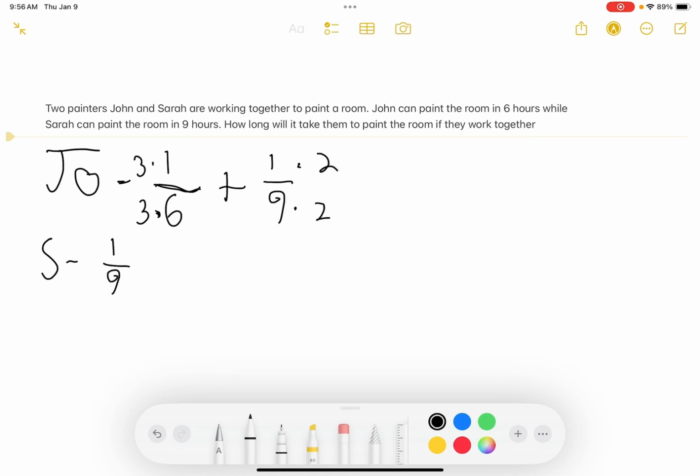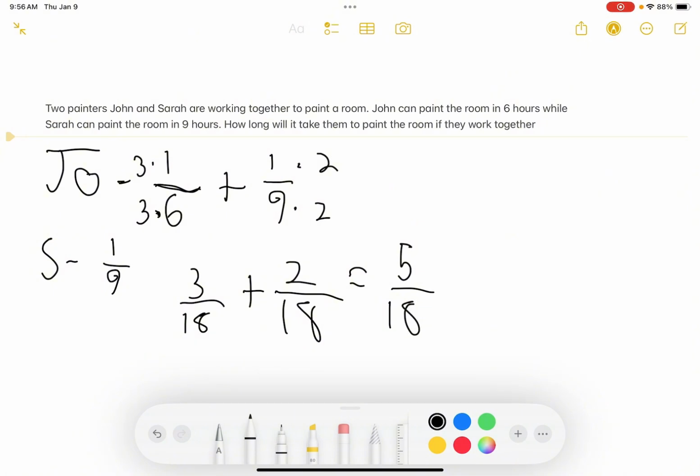So that gets us 3 over 18 plus 2 over 18 equals 5 over 18. So we got 5 over 18 right now. We're not done with the problem. We added them together, which is great.